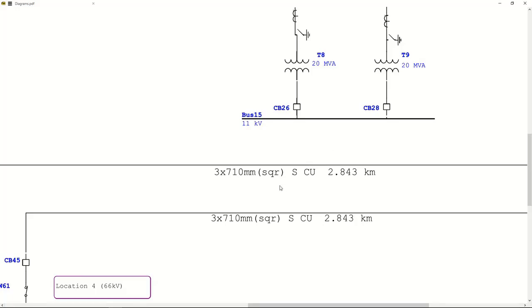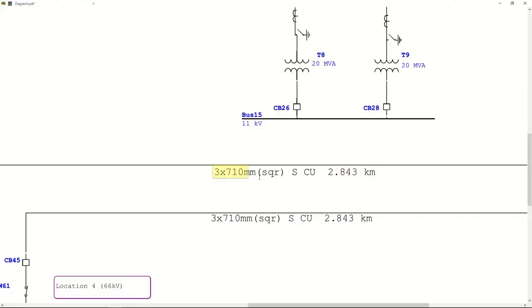Now, still using the table of reference, you can use the value of the area to approximate, to get the equivalent impedance and then multiply that impedance, which the table will give you per kilometer, by the number of kilometers, which is 2.8 kilometers here.